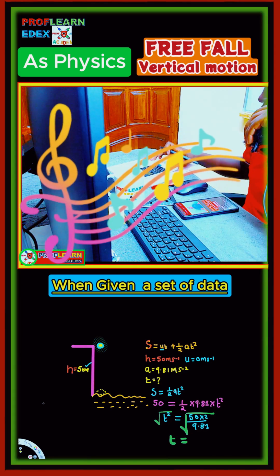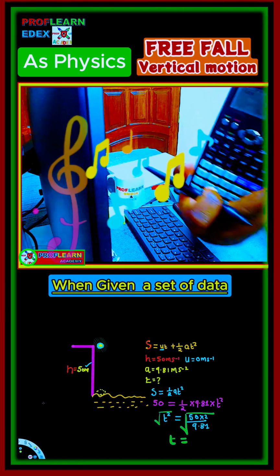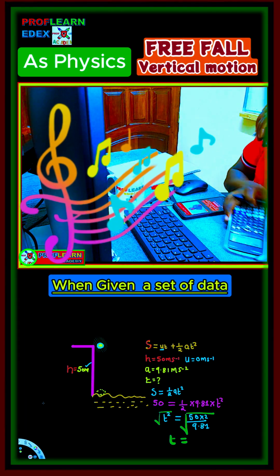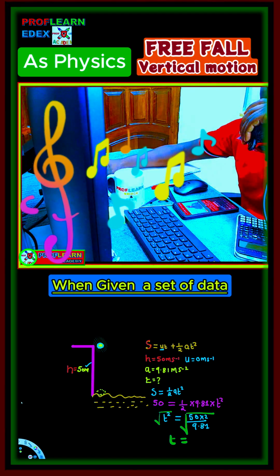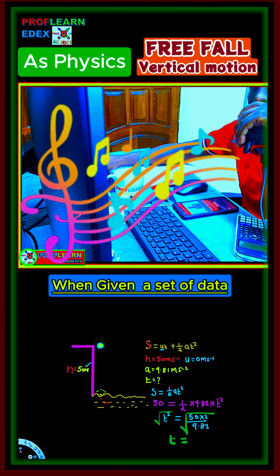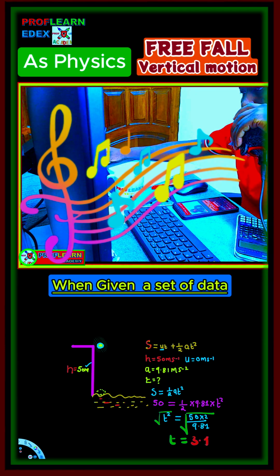Then we find the square root of the answer, and that translates to 3.1 seconds. So the time it takes this object to hit the water is 3.1 seconds.